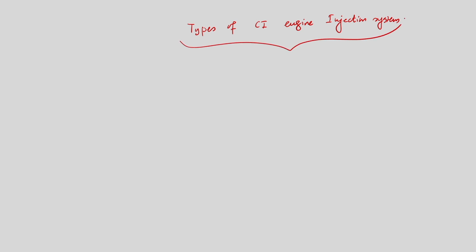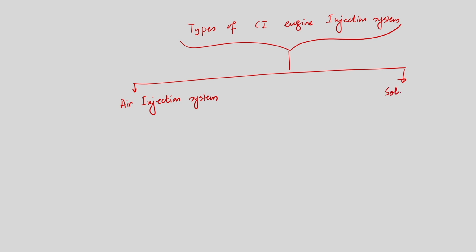What are the different types? Broadly, the CI engine injection system can be classified into two categories. One is the air injection system and number 2 is the solid injection system.